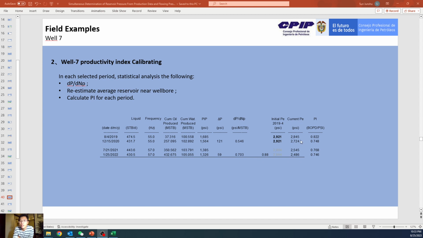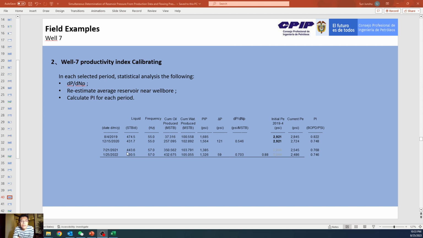So we can calculate the pressure at August 4, 2019 is 2,845 psi and 2,724 psi at December 2020. Then we calculate the PI as 0.8 to 0.75 barrels per day per psi.